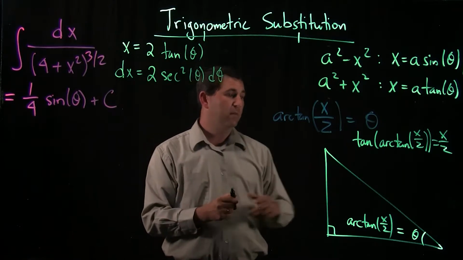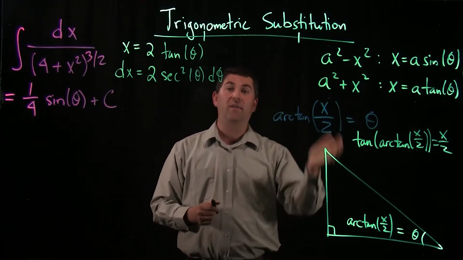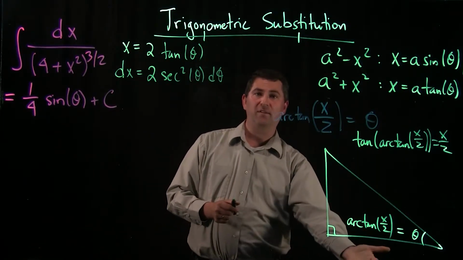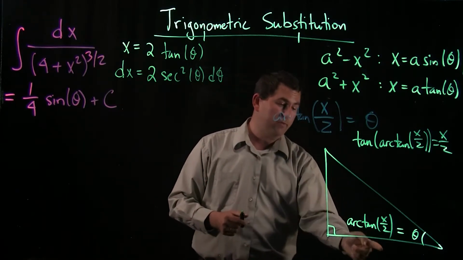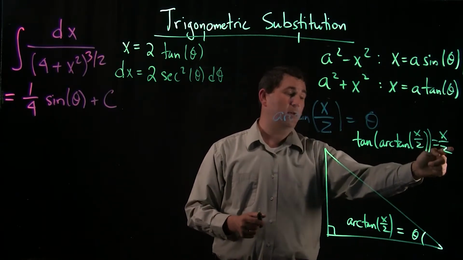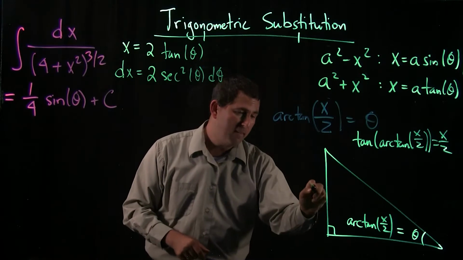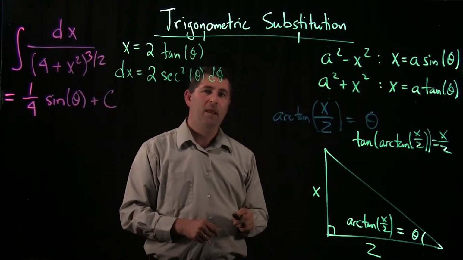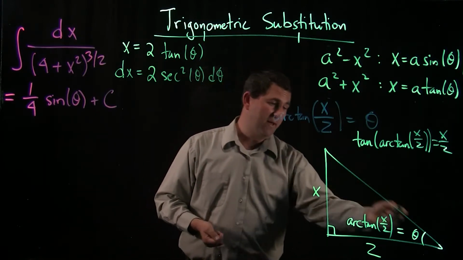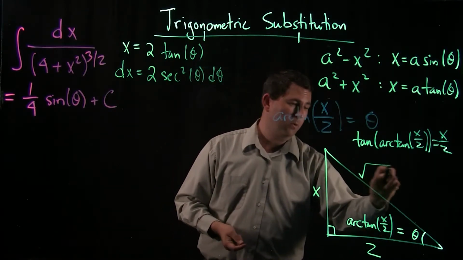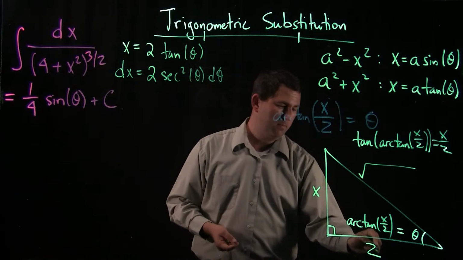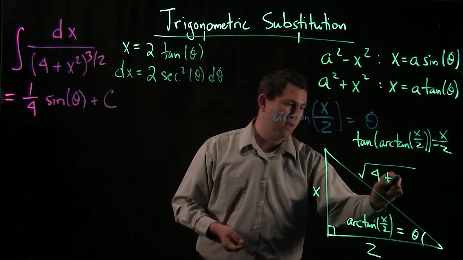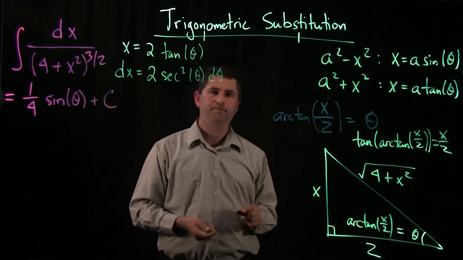Hey, that's really nice, because I know how to find the tangent. I take the opposite over the adjacent. And when I take the opposite over the adjacent, I need to get x over 2. So I make the opposite x and the adjacent 2. Now I use the Pythagorean theorem to get the hypotenuse. So I take the square root of x squared plus 4, or I'll write it as 4 plus x squared.